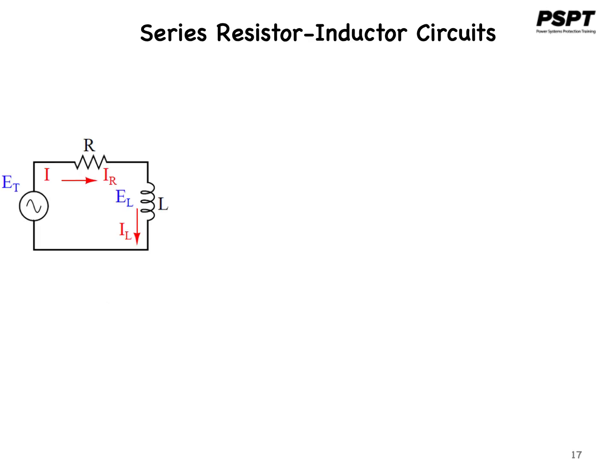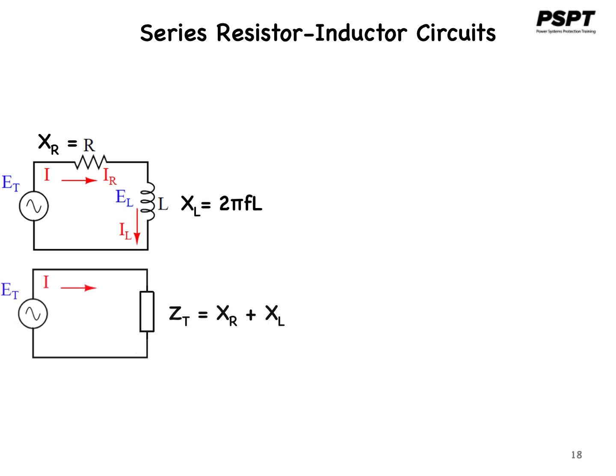Let's consider a series RL circuit with a supply voltage of ET. The resistor will offer resistance to AC current, while the inductor will offer resistance in the form of reactance to the AC current. This combined opposition will be a combination of resistance and reactance.